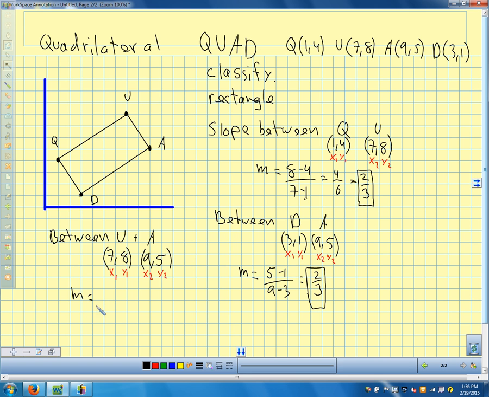Not for this one. Here we're just finding slopes. So we're just finding the slope of this segment between those 2 points. The slope between those 2 points, yes. So it shouldn't matter which order you do it in. You should all get the same.